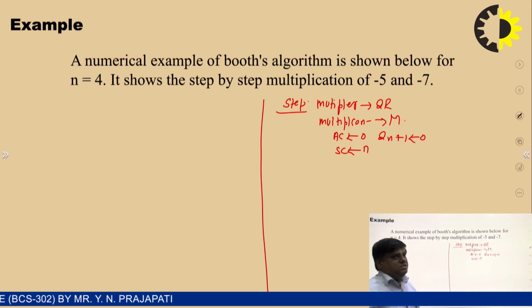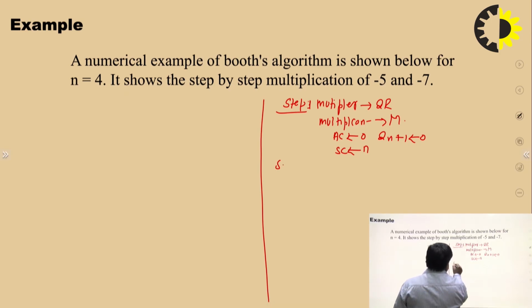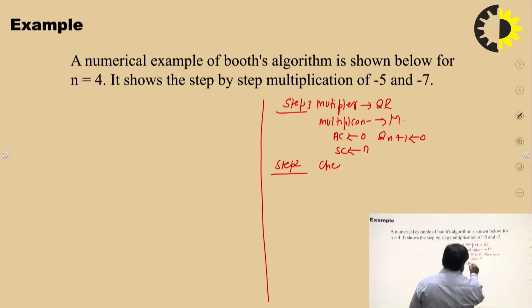Now, this is the first step. Now, step 2: check Qn and Qn plus 1.